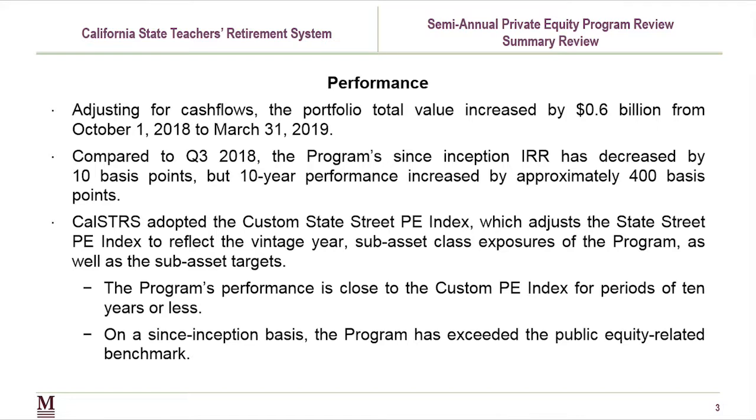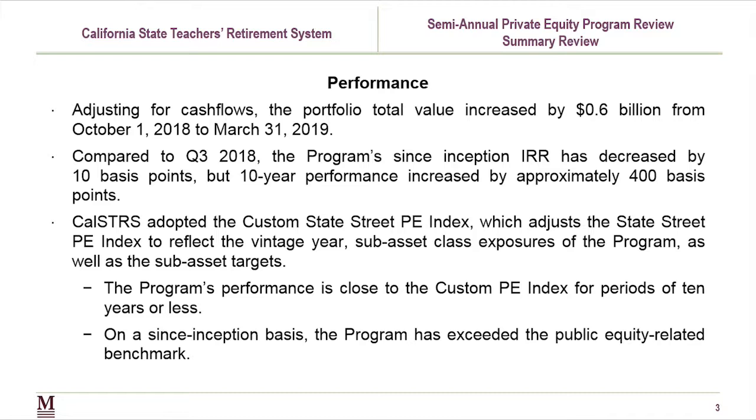As we had done several meetings ago, we talked about changing to the peer benchmark, the custom State Street benchmark. The performance of the program is much closer to that custom PE index than before.